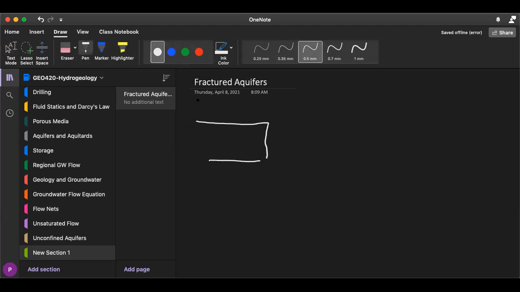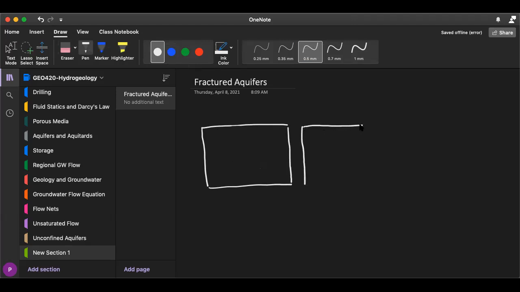I don't know why this is so hard for me today. Okay, so here's a block. Here's another block. Here's another block.